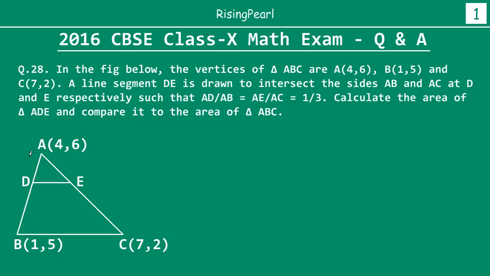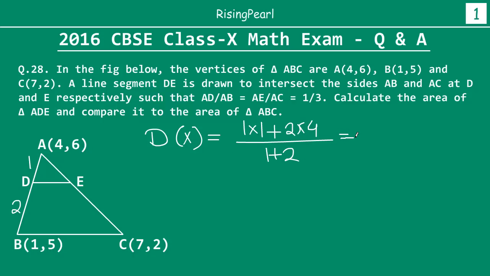So here AD is one part and BD is two parts, because AD by AB is 1:3, correct? So if this is D, the x coordinate for D will be equal to 1 multiplied by 1 plus 2 multiplied by 4, divided by 1 plus 2.